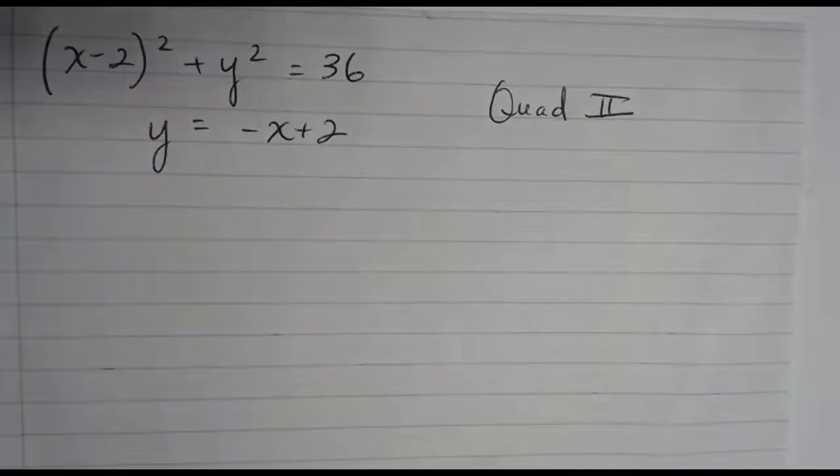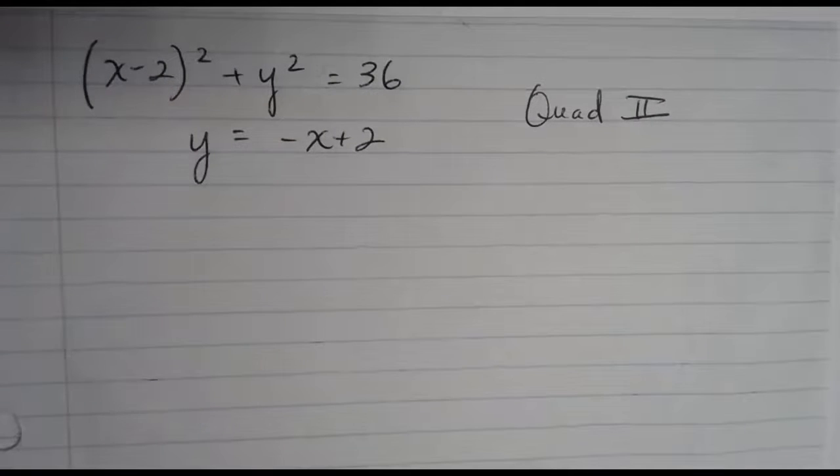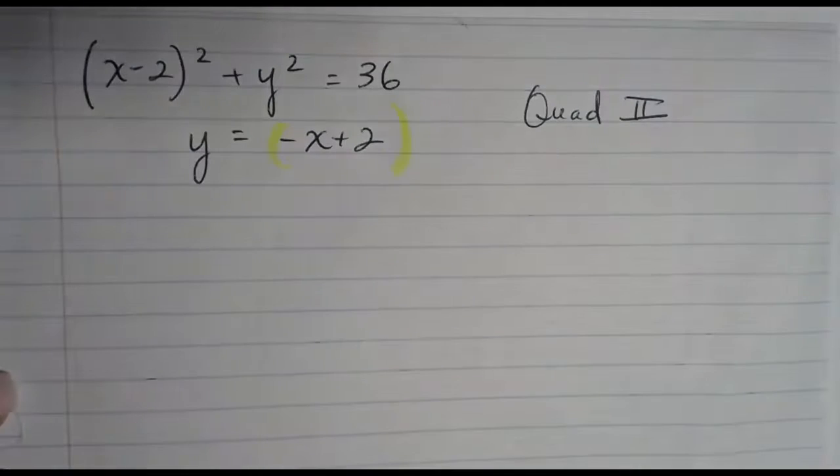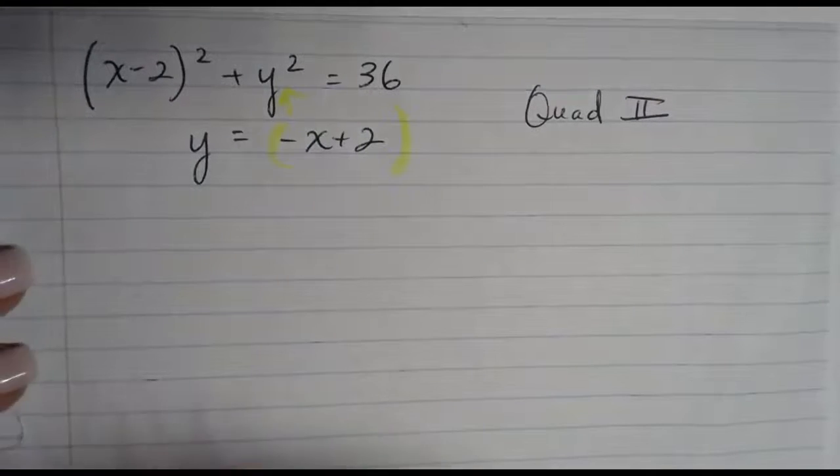So let's do some algebra now. As with so many problems on the SAT, you have to set up a system, and this system's ready to go because we know what y is in terms of x. Y is negative x plus 2. So you just got to shove it in right there and do some algebra.